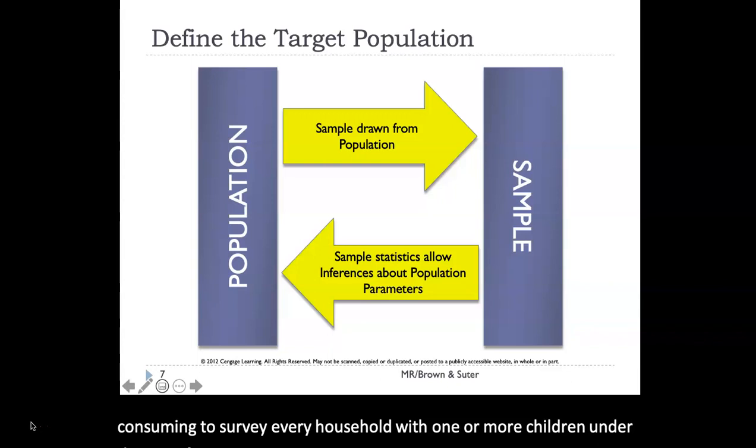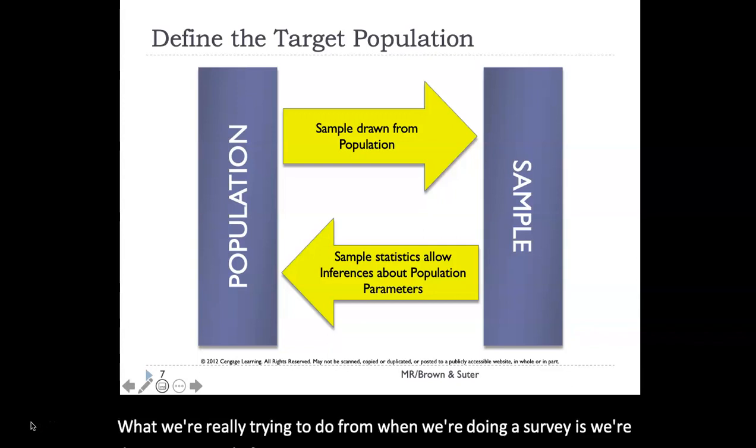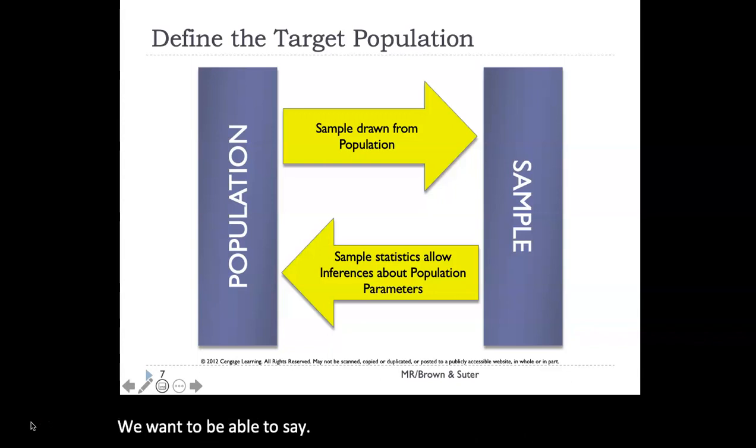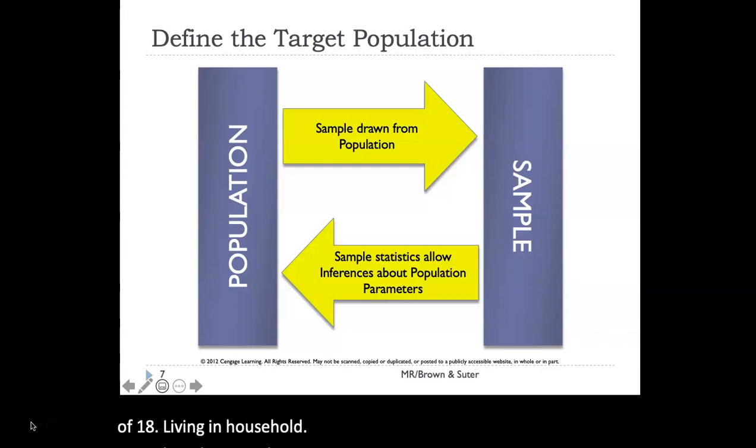So what we're really trying to do when we're doing a survey is we're drawing a sample from the population so that we can get some type of statistic that will allow us to make inferences about the population. We want to be able to say 25% of the population in Sacramento, California with one or more children under the age of 18 living in that household view the educational system in Sacramento to be favorable.